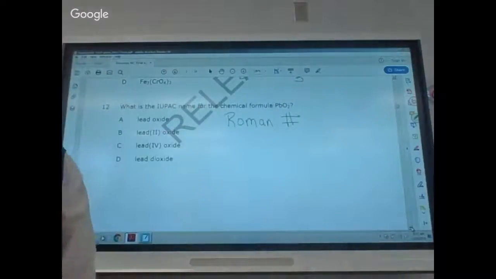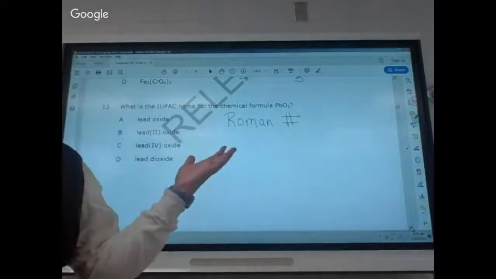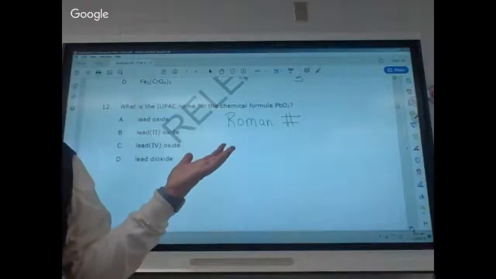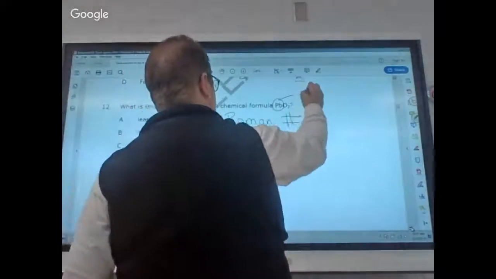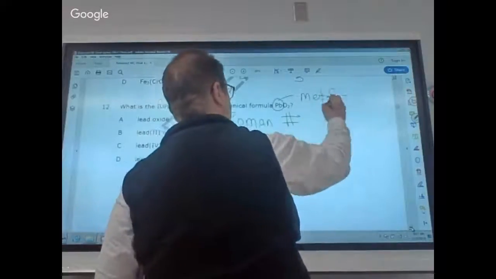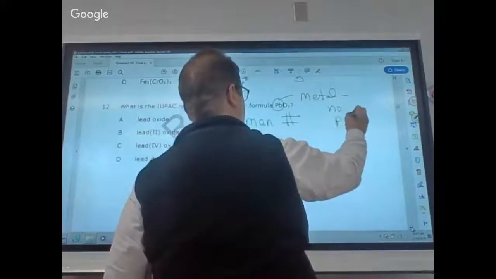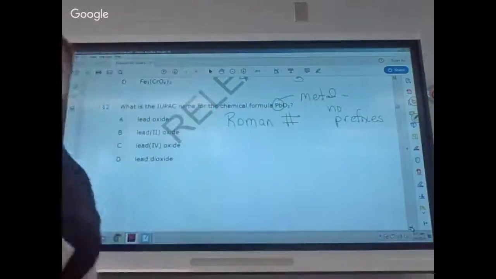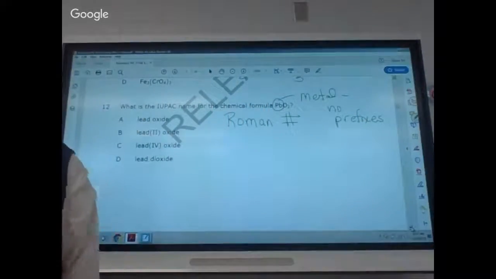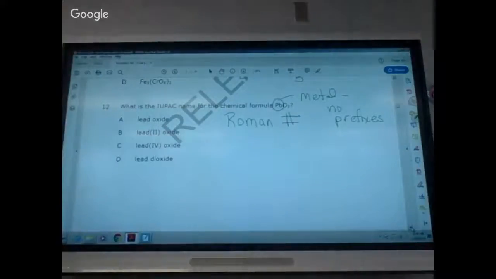Is it all nonmetals? Can't use a prefix. As soon as you see this is a metal, no prefixes. Can only use the old system if there are no metals. So no prefixes there. That's going to rule out D.